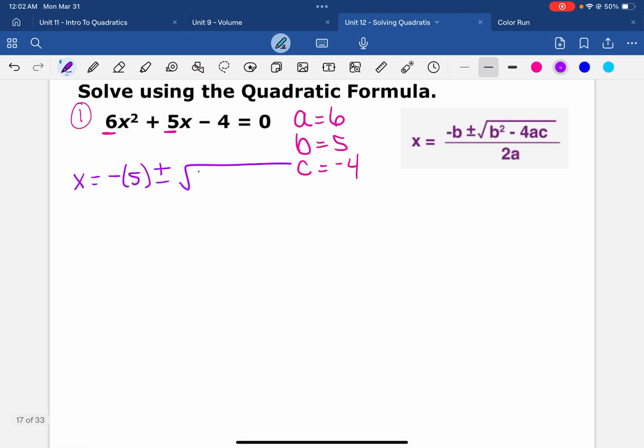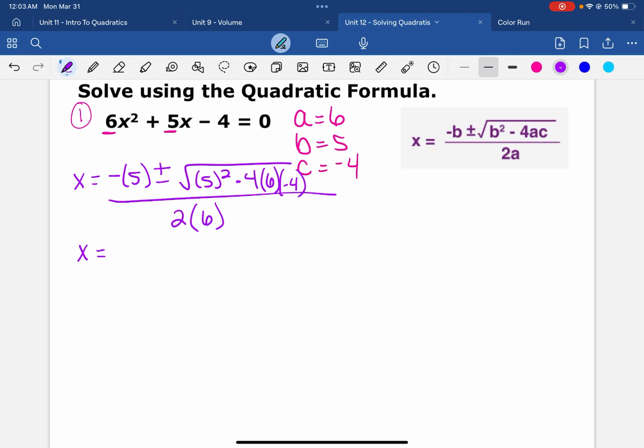So again, that value of 5 squared minus 4 times my a value, which is 6, times my c value, which is negative 4. And that's all going to be over 2 times my a value, which is 6. Once you have this, then you're just going to start simplifying that equation.